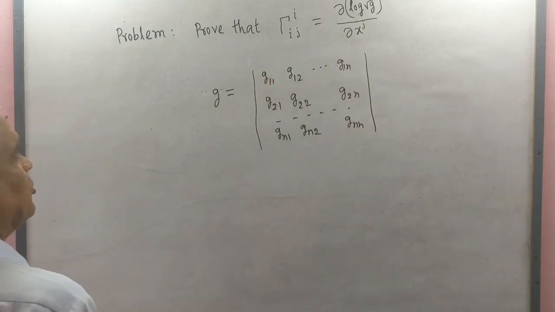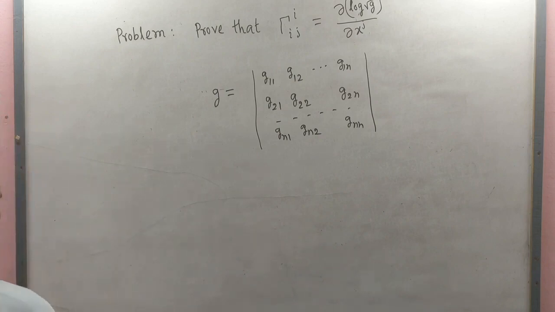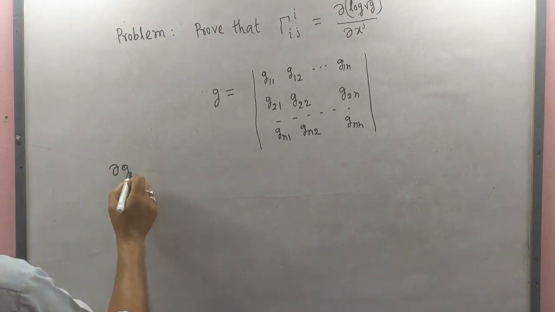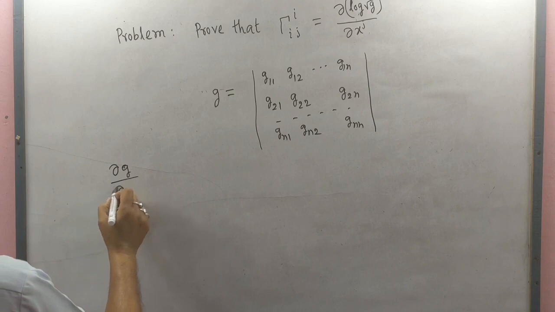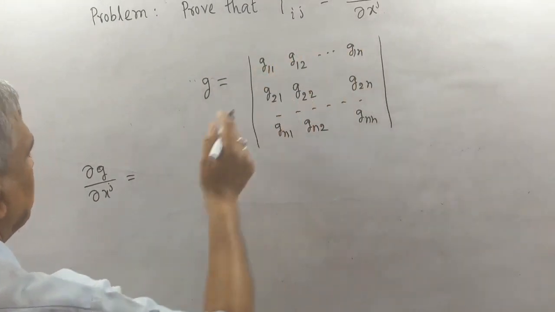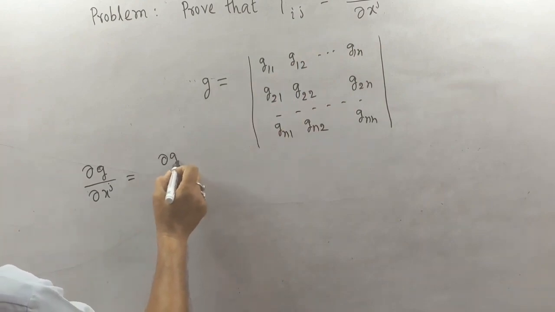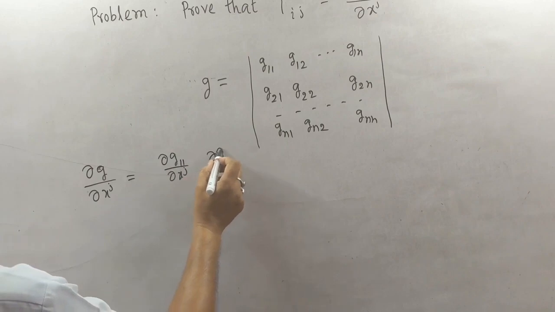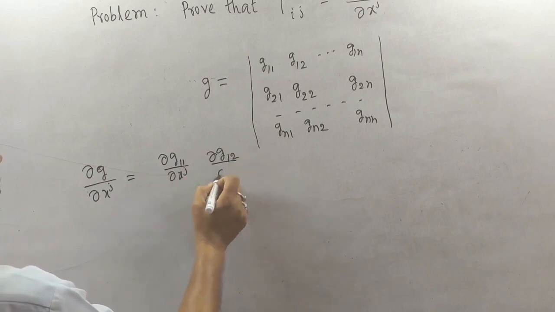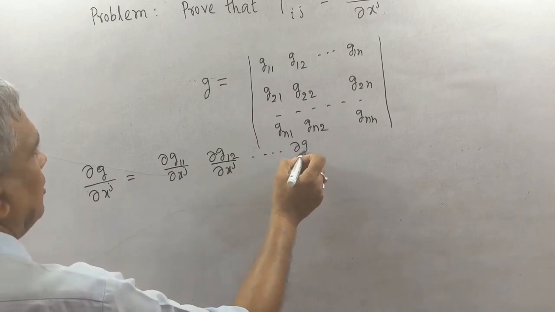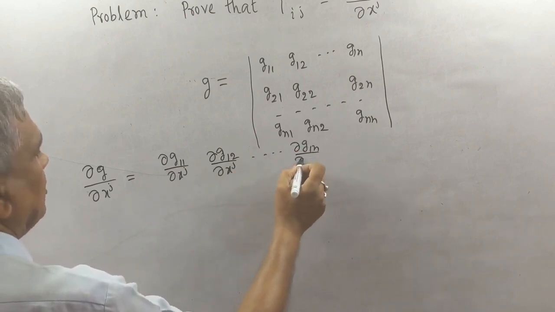If we differentiate both sides with respect to xj partially, del g by del xj equal to, first differentiate the first row: del g11 by del xj, del g12 by del xj, dot dot dot, del g1n by del xj.